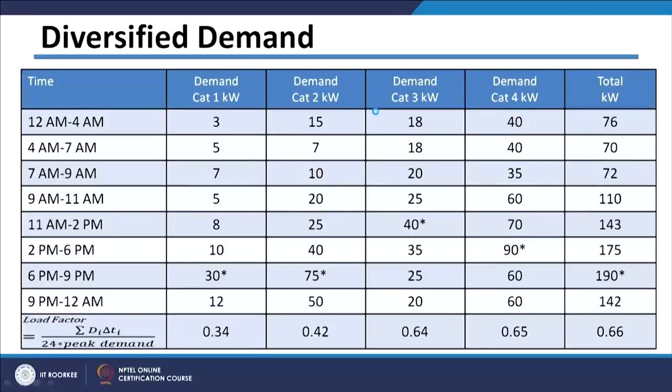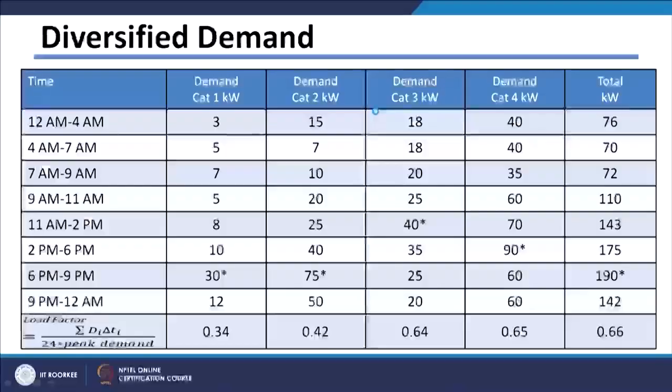Now we will see what is called diversity factor or diversified demand. To explain this, I have put one table here consisting of different kinds of consumers. I have taken 4 types of consumer, categorized into category 1, category 2, category 3 and category 4.